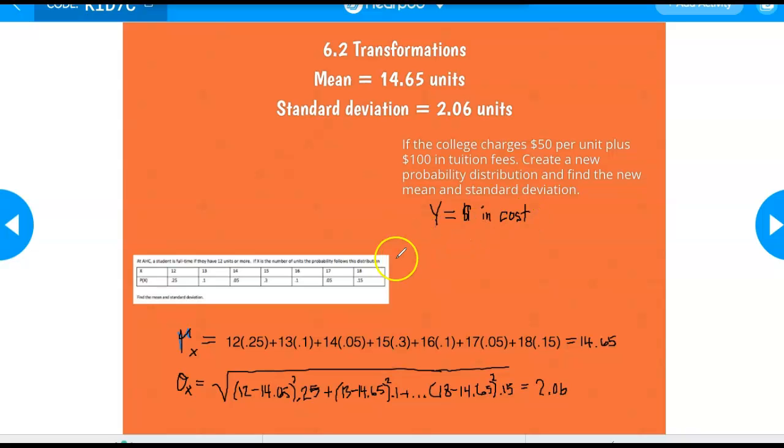So make your new probability distribution. So we're going to transform 12. So the formula would be, for Y, we take X and we multiply by $50 times X, and then we add $100 in tuition fees.